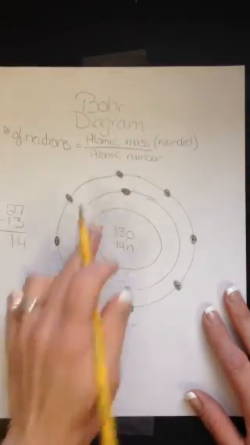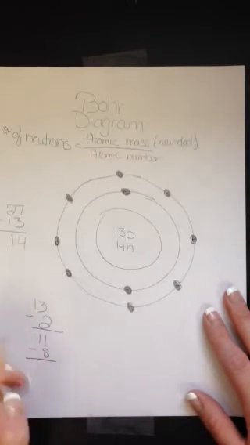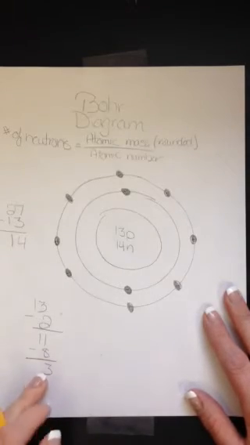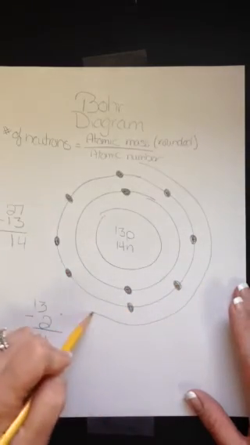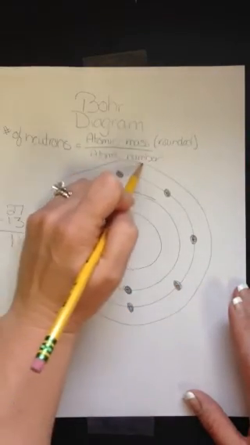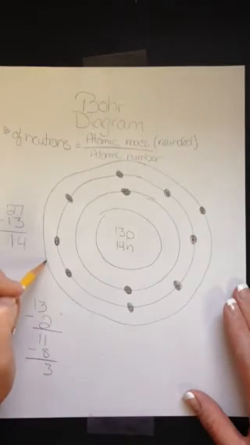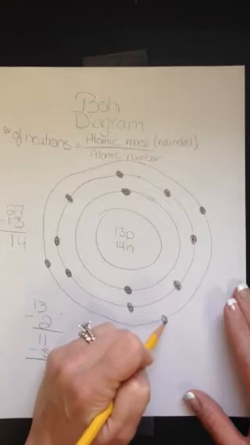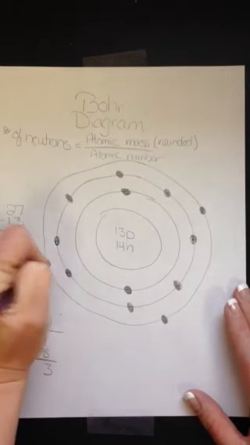All right, so now we've placed 8 electrons. So we're going to take 11 and subtract 8. We have 3 left to place. So we're going to draw that third shell, and we're going to place our last 3 electrons.